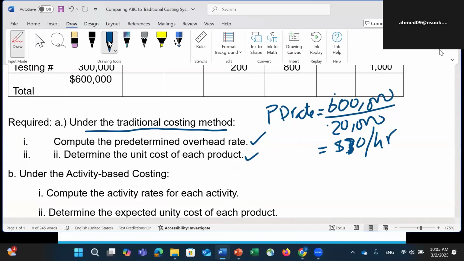Now the question is, how are we going to determine the unit cost of each product under the traditional method? And we also did something like this earlier on.